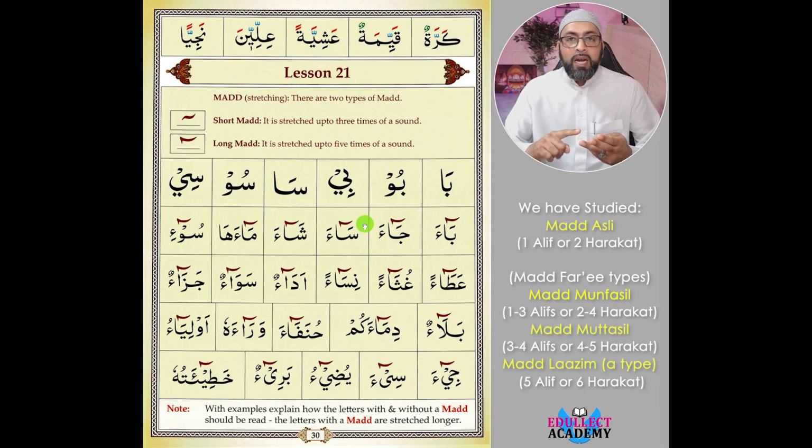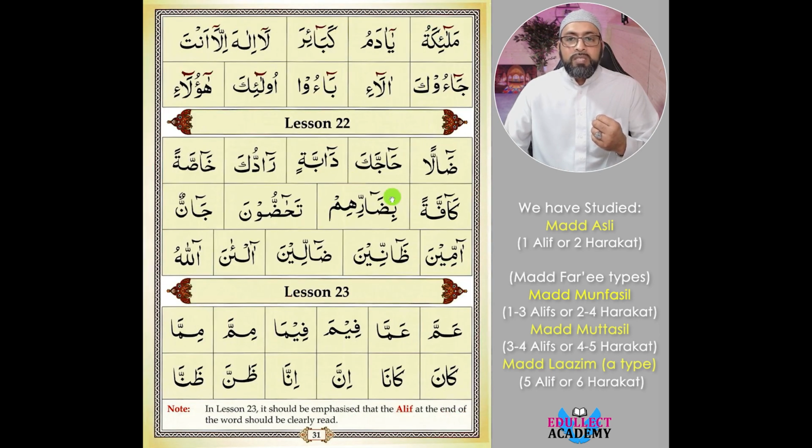And then mad munfasil, which is the one where it's got the wavy symbol, and that's recited as 3 beats long. Some say 2 to 4. And then we looked at mad lazim, and mad lazim is the one where you have the shadda immediately after, and there are other variations of lazim as well.